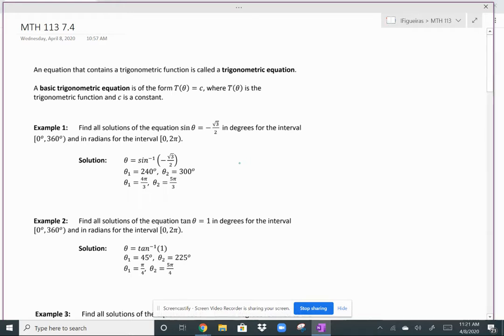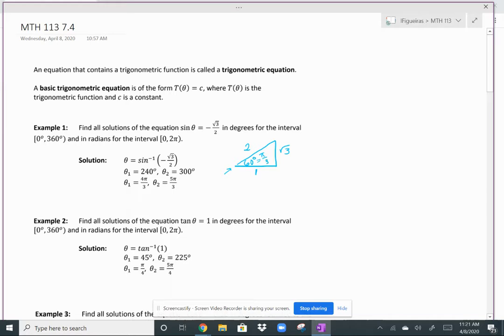It's a 30, 60, 90 triangle. If this is sine of theta, where theta is in this corner, then you would have root 3 here and 2 here, and this other side would be 1. The angle that corresponds to that is a 60-degree angle. 60 degrees is the same as pi over 3 in radians.